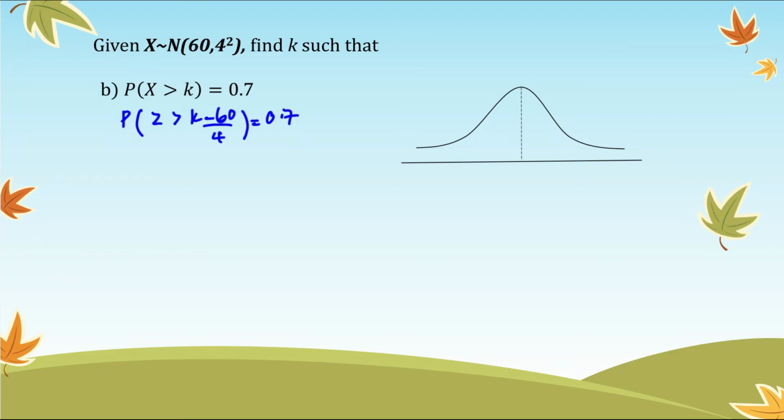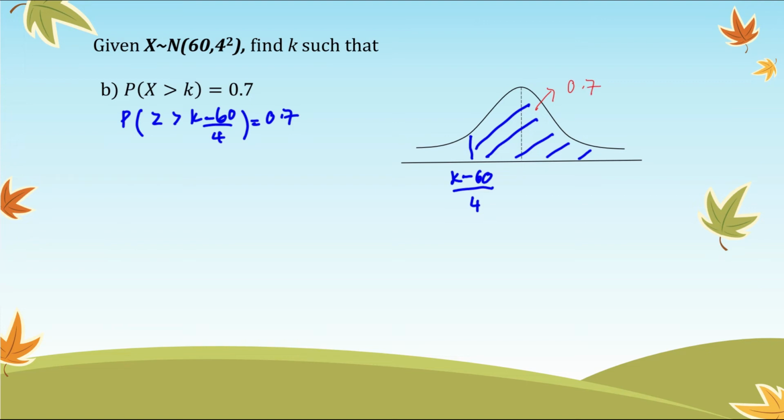Now we want to use the bell-shaped curve. 0.7 is more than half, so we can say that the value of (k minus 60) over 4 is at this place.